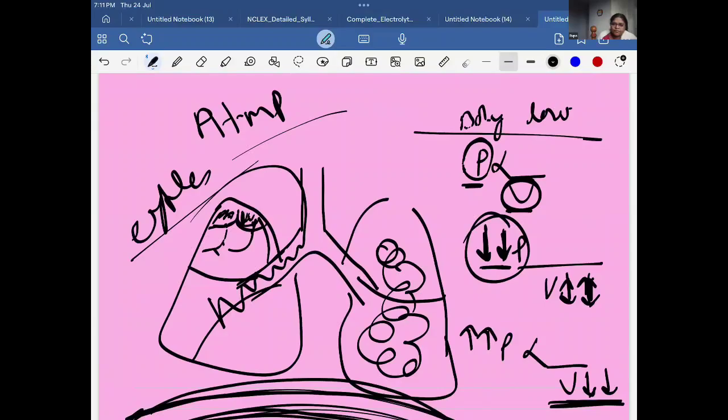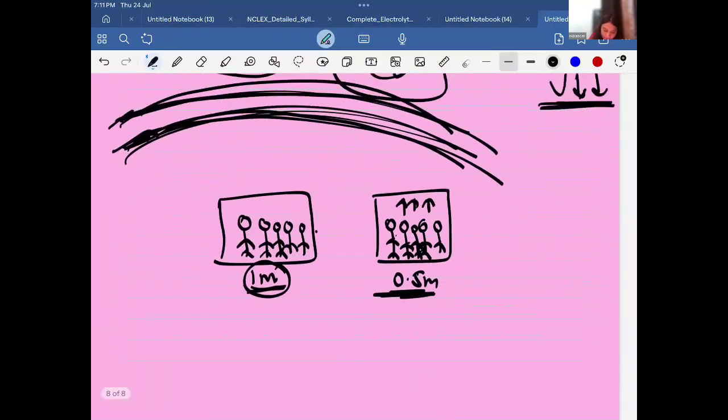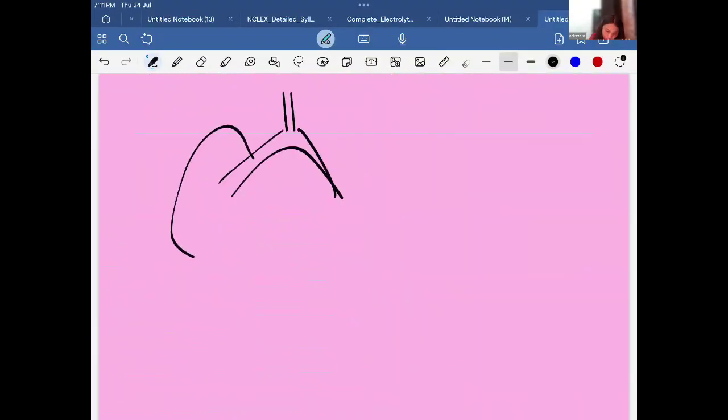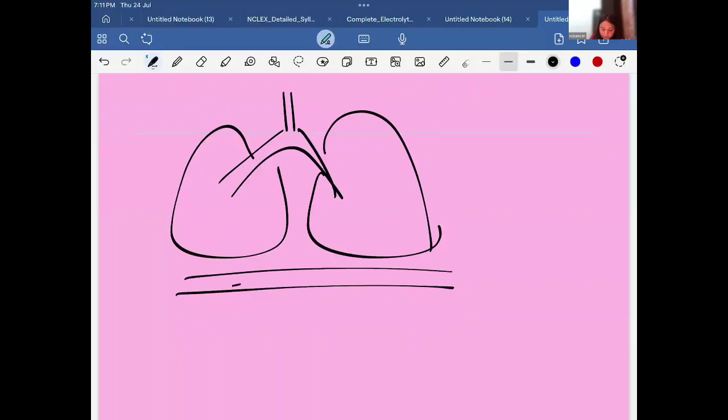And similarly, when your diaphragm is contracting, let me make a good example image. This is your lung. When your diaphragm is contracting, your lungs are sitting over here. Now you tell me, is there an increase in volume or a decrease in the volume?